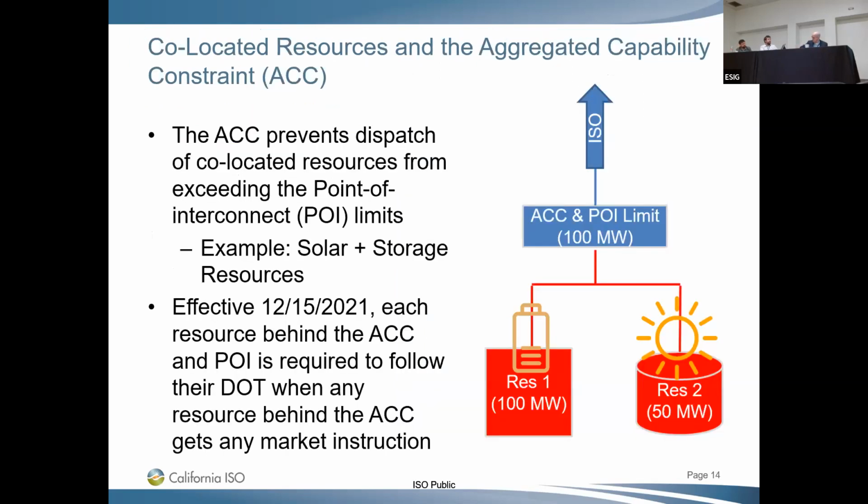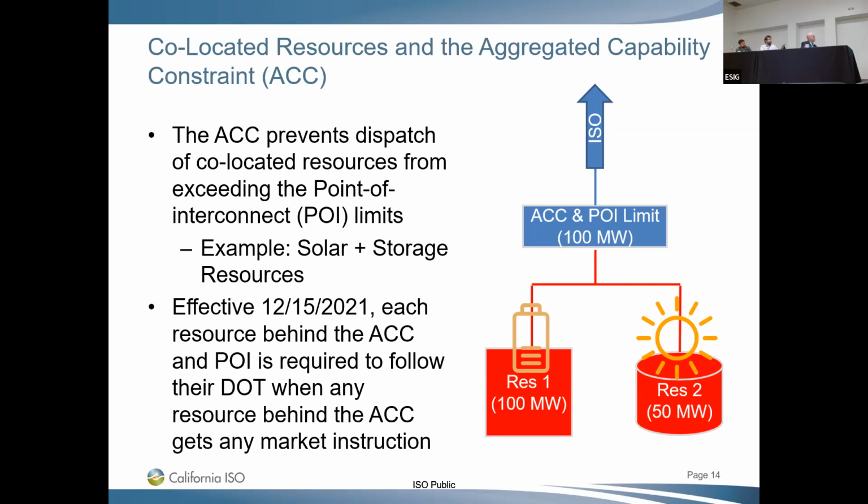So one of the things that has to happen with a co-located resource is an aggregated capability constraint. And so you have two resource types behind the scenes of one point of interconnection, which is a POI. And so what we've done is we've created an ACC, or an aggregated capability constraint, at the POI. And oftentimes you see that the POI, for this example, is 100 megawatts.